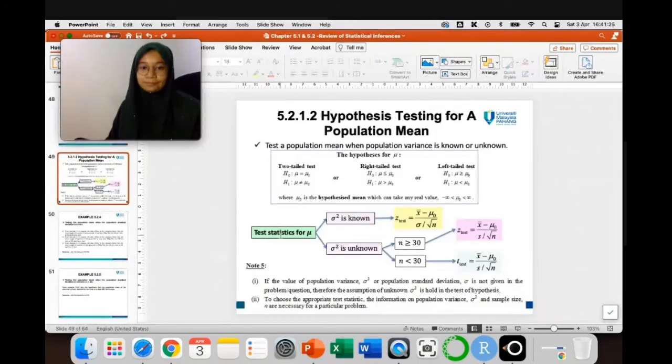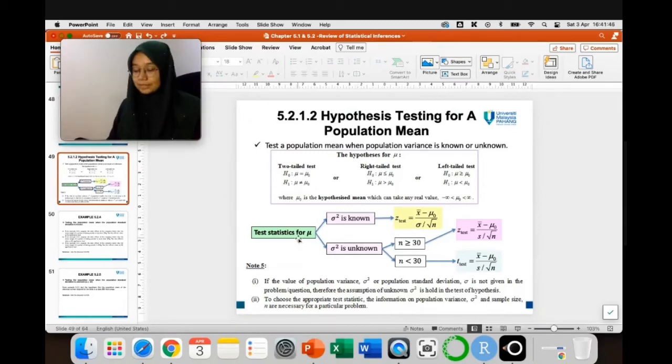Z test bila sigma diberi. Z test, sigma tak diberi. Sigma is unknown but the sample size is greater than 30. And then sigma is unknown, sample size less than 30. We will use T test. Ini adalah untuk step number 2.